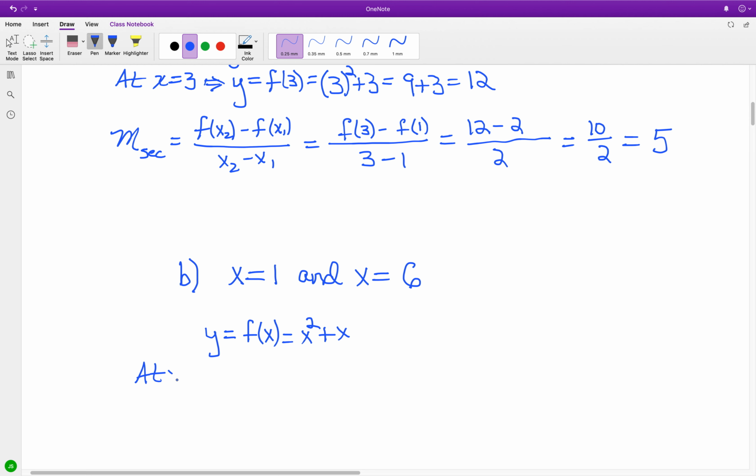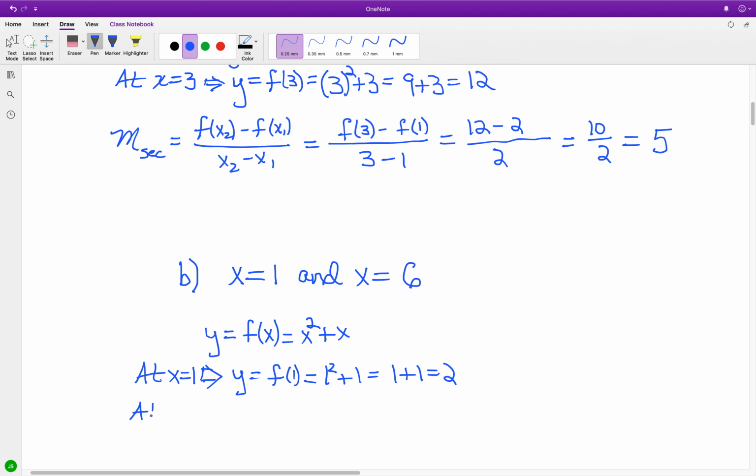And just upon repeating, we have x equals 1, so y equals f of 1, which is 1 squared plus 1. One squared is 1, 1 plus 1 is 2.